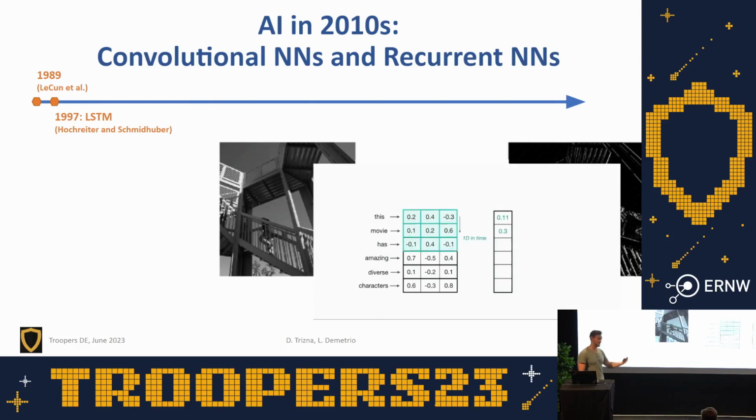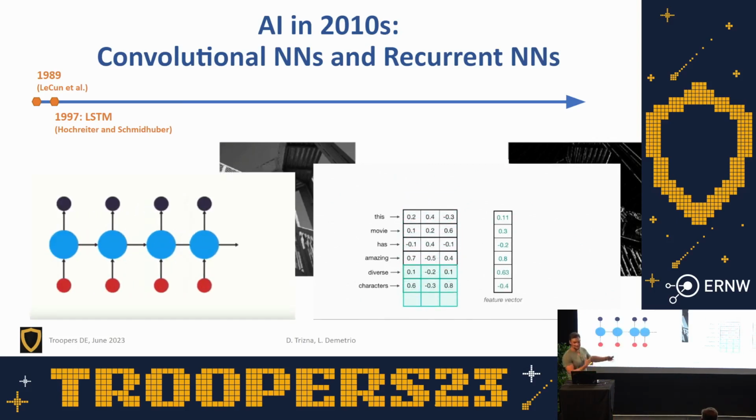Another thing that was really influential in the AI field was recurrent neural networks. The most prominent model of them was published in 1997 by 2, I believe, German gentlemen. I will not try to pronounce their surnames right. It's basically a way to parse input sequentially, one after another.